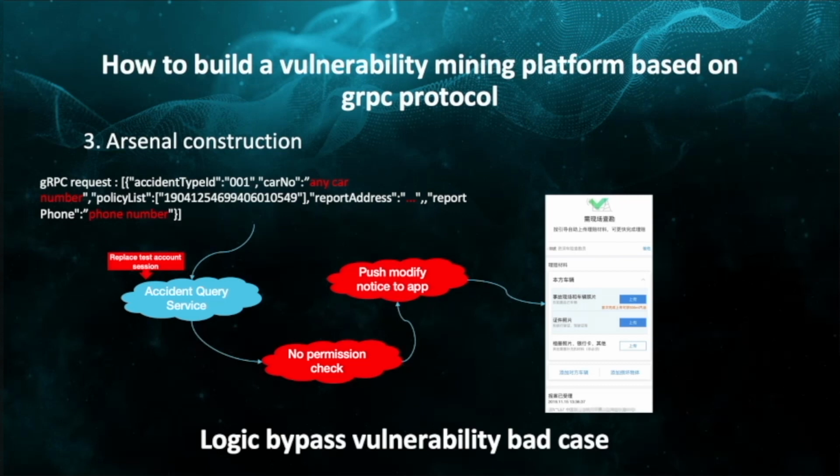The reason for this vulnerability is that the server doesn't verify whether the current user login state has access to and can modify the corresponding business state, which leads to the risk of logical authority bypass.